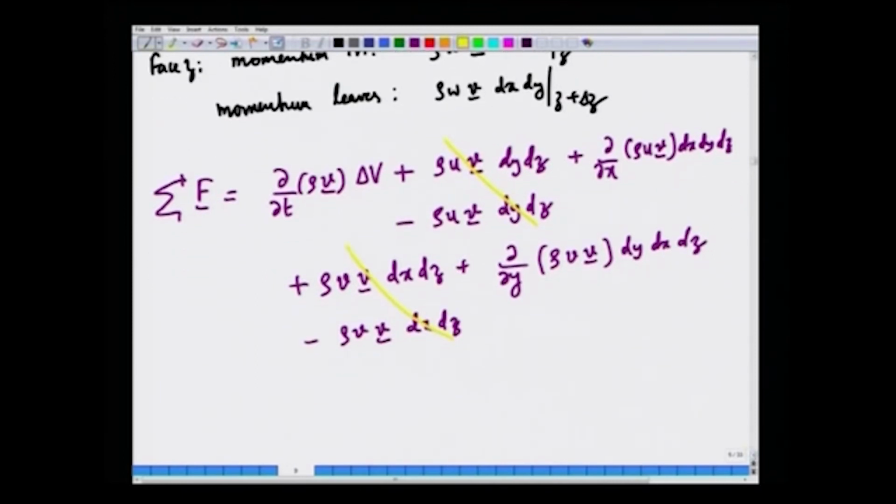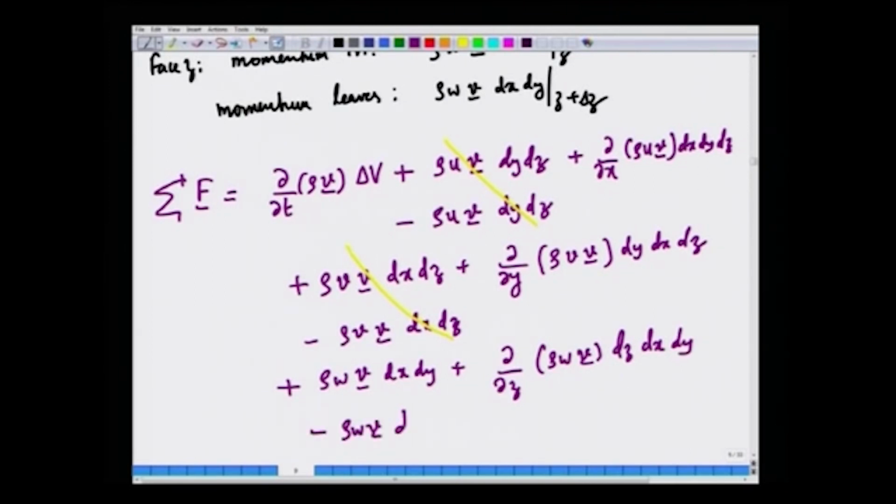And then the momentum that enters and exits through the z face is simply rho w v dx dy plus d dz of rho w v dz dx dy minus rho w v dx dy.